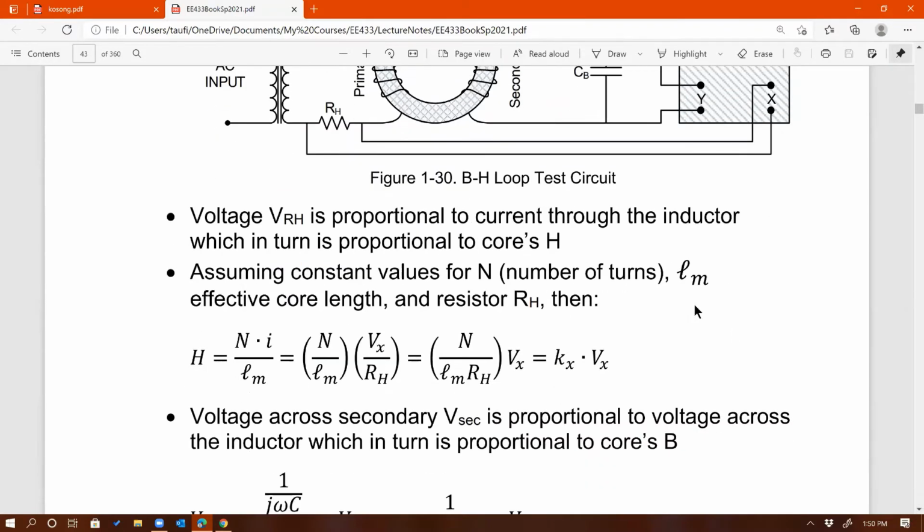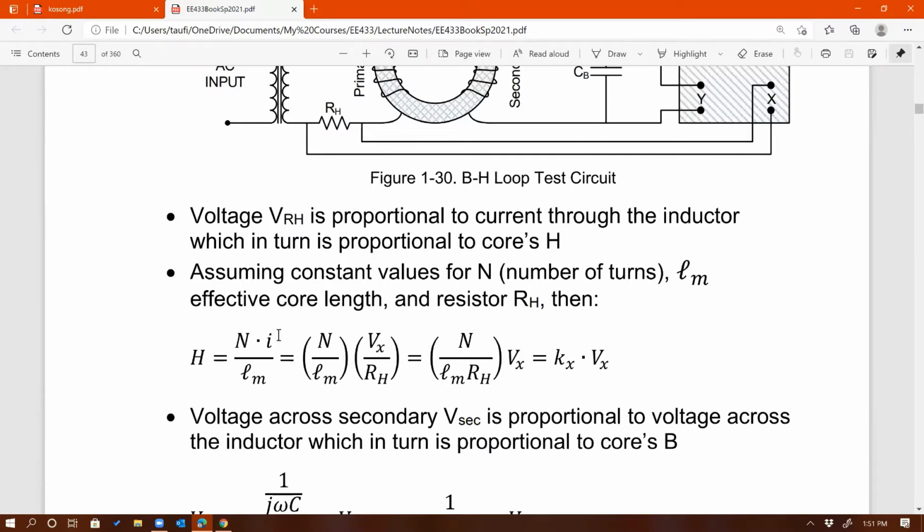Okay, so that's what I have right here in terms of the equation of the circuit. I have H, which is equal to Ni over Lm, right? So N is the number of turns on the primary side, and then Lm, that would depend on the geometry of the structure of the core. That's the mean path length of the core. And then I, that's what you are measuring through this resistor and translating into voltage.